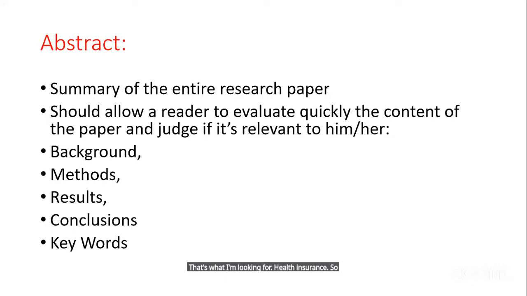So the abstract is a technical thing to write, but very simple if you know what you want to write. Okay, so you have to show background, method, result, and conclusion. Are you with me? Yes, sir. All right. Then keywords. You have to look at maybe 3 to 5 keywords, majorly from your title.